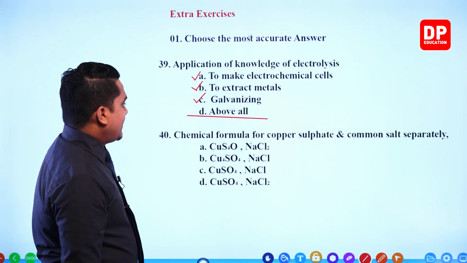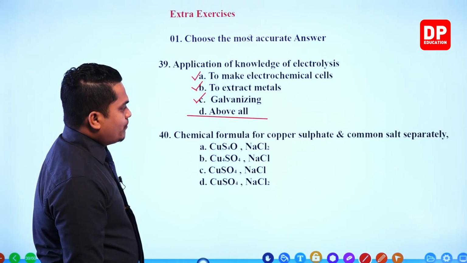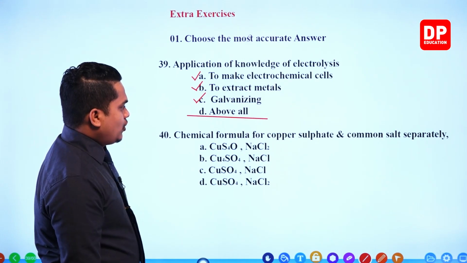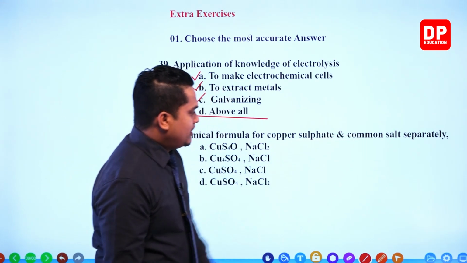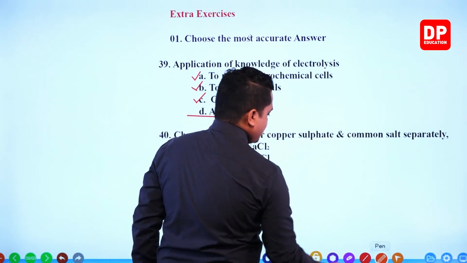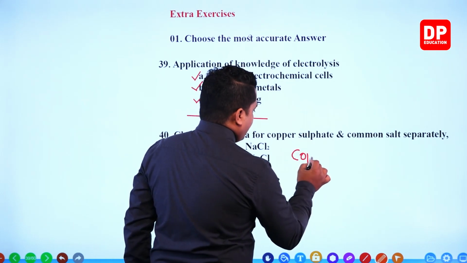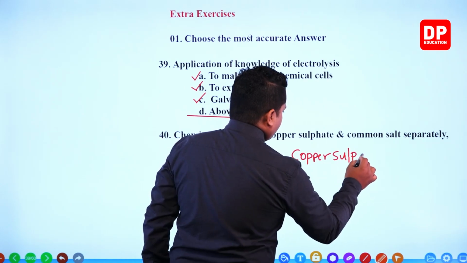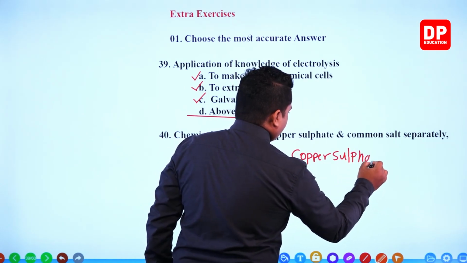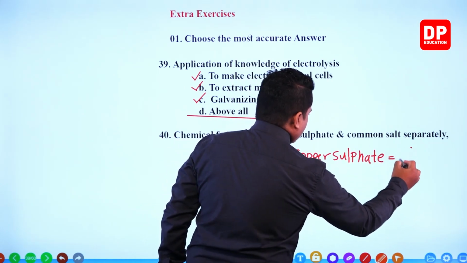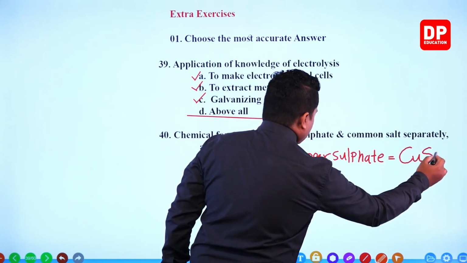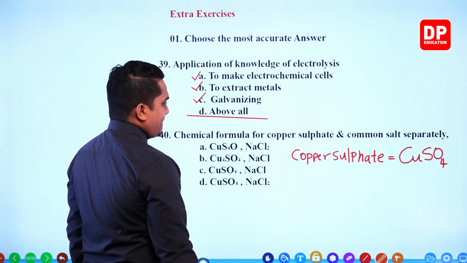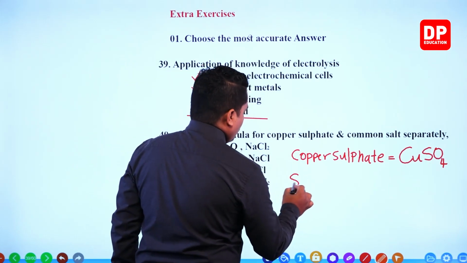Next one, chemical formula for copper sulfate and common salt separately. I'll write this. Copper sulfate, CuSO4. Sodium chloride.